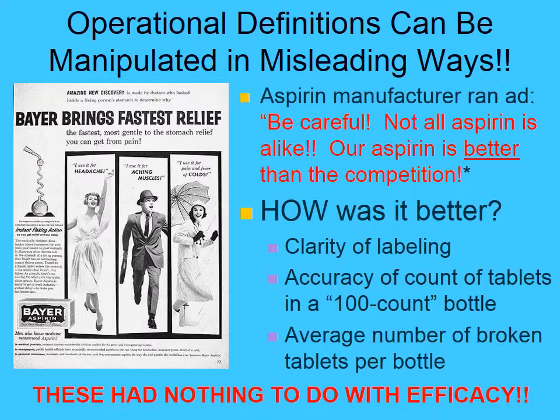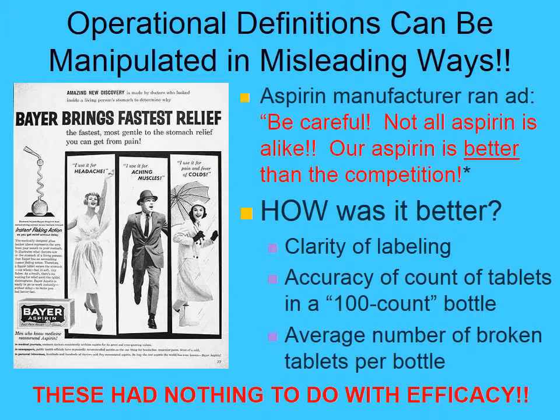Well, the manufacturer's aspirin was judged to be superior in several categories, including clarity of labeling of the bottle, accuracy of the count of pills in a supposed 100 pill bottle and the average number of broken tablets contained in each bottle. Things like that, which of course do not have any effect on the actual efficacy of the product.